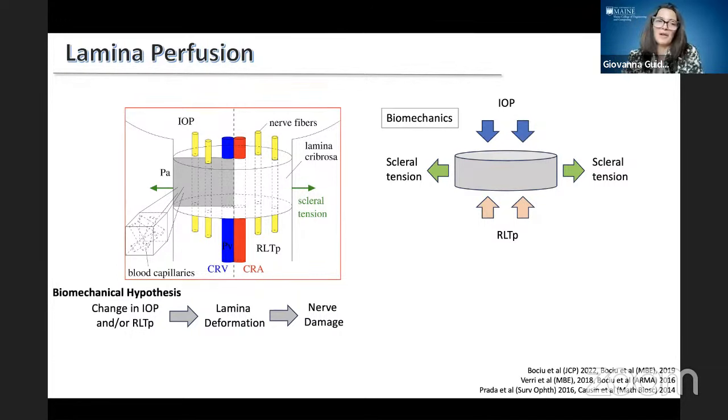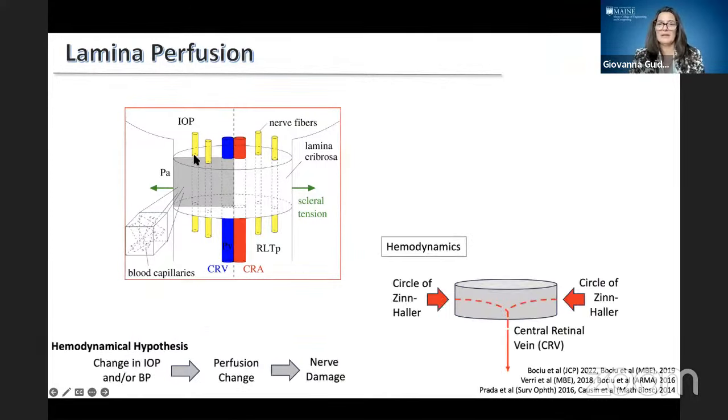So this is the biomechanical hypothesis of how retinal ganglion cells may be lost in glaucoma, again, due to this imbalance of pressures leading to abnormal deformations that then affect the axon bundles.